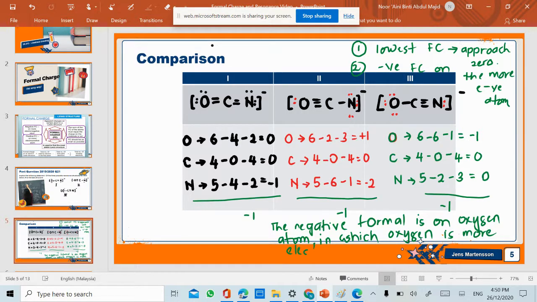Okay, excuse my handwriting. Right? Then nitrogen. Okay, all right.